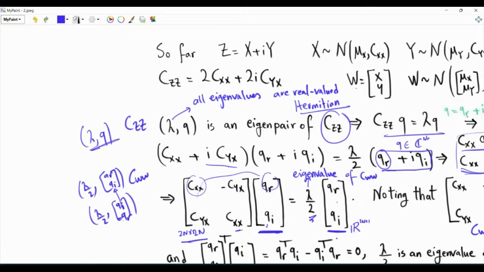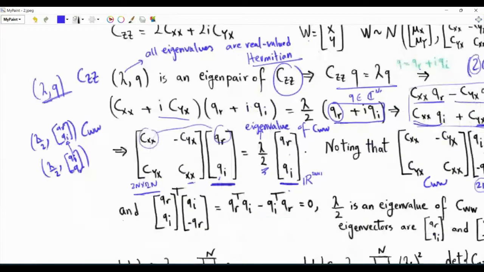So the good news here is that the eigendecompositions of CZZ and CWW are very related. And this will allow us to rewrite the PDF and the characteristic function in terms of Z and its statistics, the mean vector mu Z and the covariance matrix CZZ.